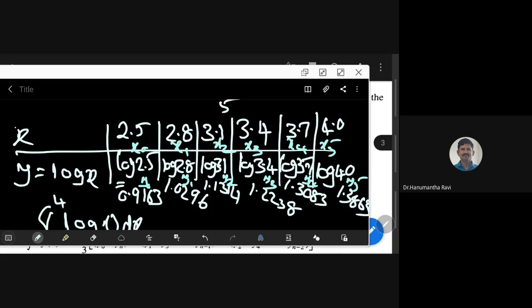So the first and last terms are 0.9163 plus 1.3863.